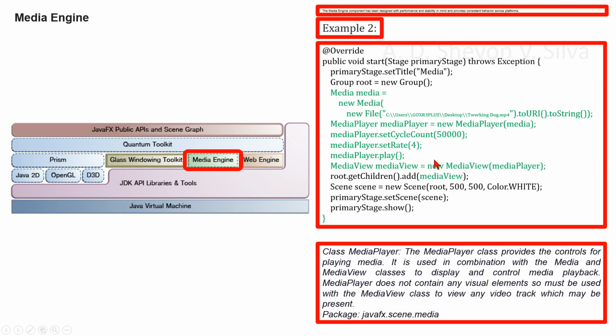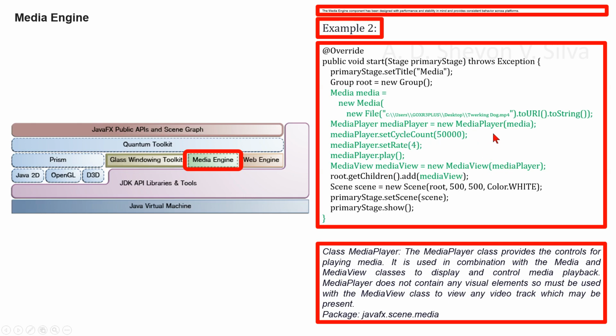As an example 2, we can consider this code segment. The media player class provides the control for playing media. It is used in combination with media and media view class to display and control media playback.